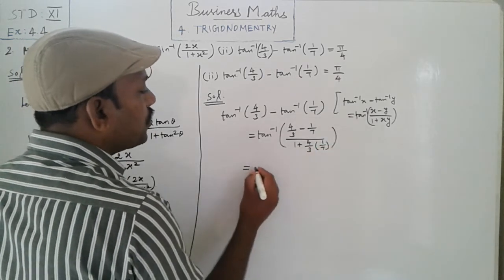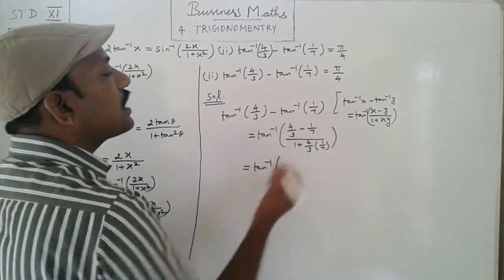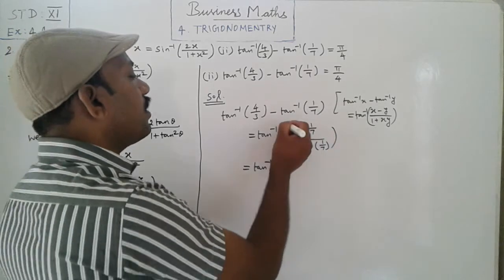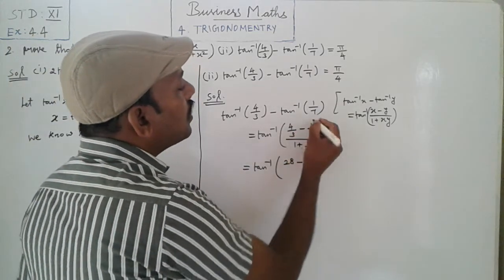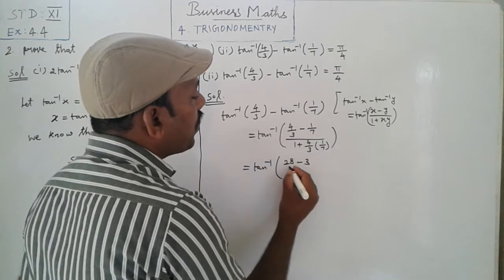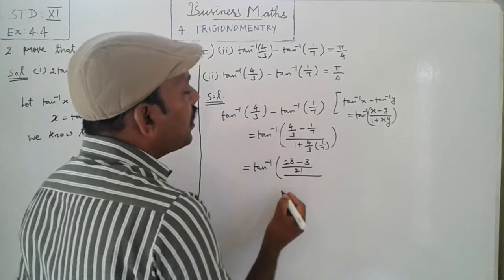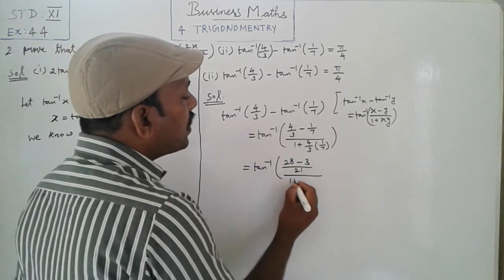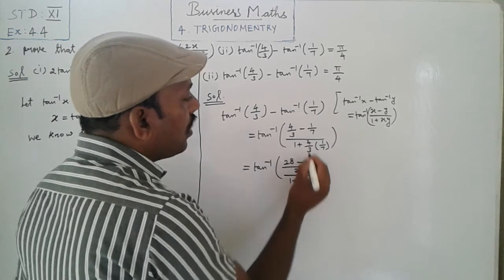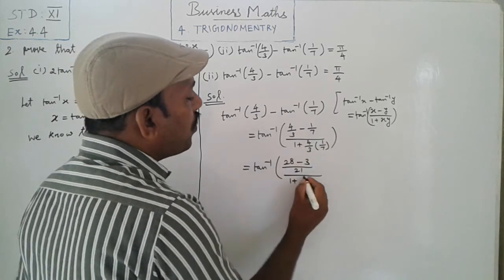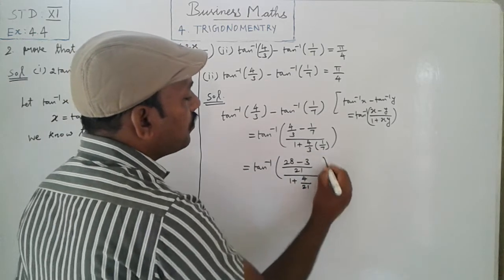So that is equal to tan inverse, take the LCM, cross multiply here, 7 4s are 28 minus 3 1s are 3, divided by 3 7s are 21, divided by 1 plus 4 by 3, we should multiply 4 into 1 is 4, divided by 3 7s are 21.